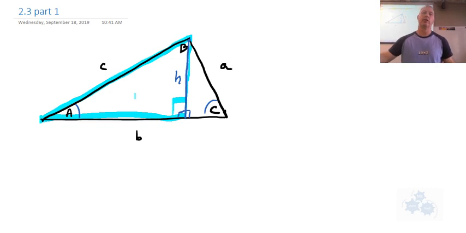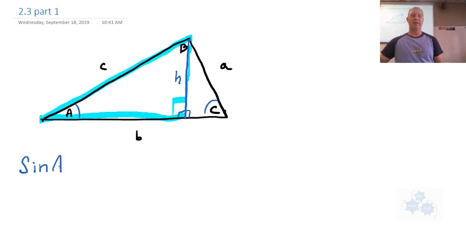Everyone see that? So we can write the sine ratio for A, and that's going to equal the opposite side, which is now H, because you can take the sine ratio for right triangles. So sine A equals H over c, opposite over hypotenuse.